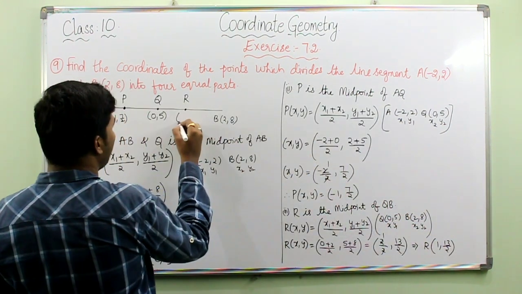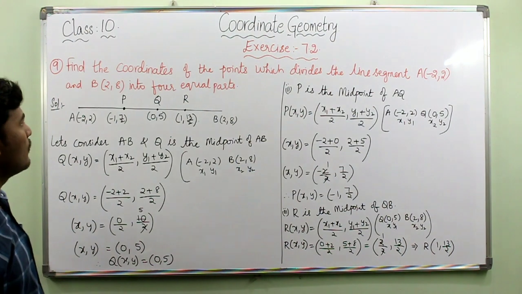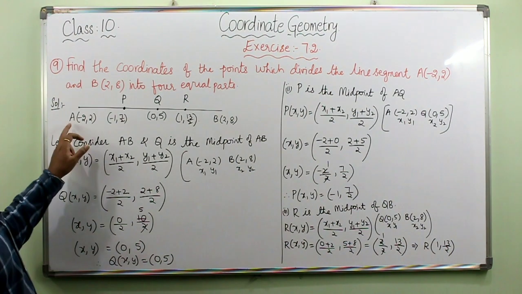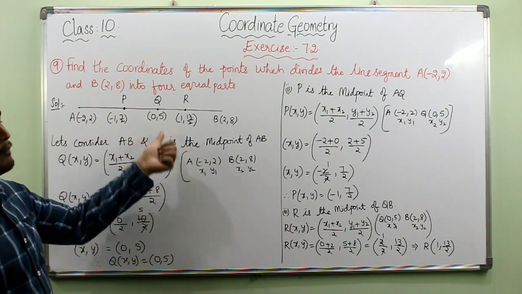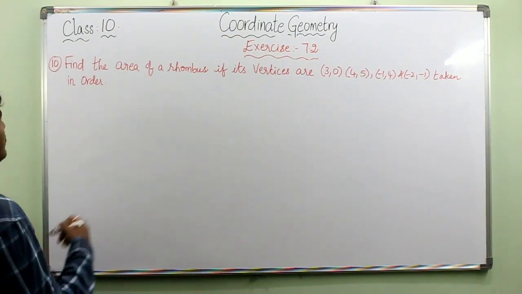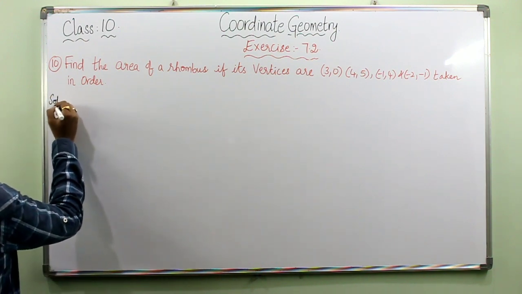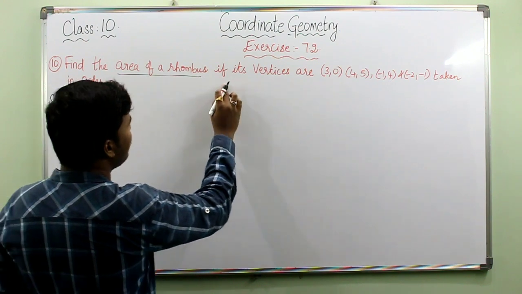What is the point R? 1 comma 13 by 2. So this is how we find the coordinates of the points which are dividing AB in 4 equal parts.